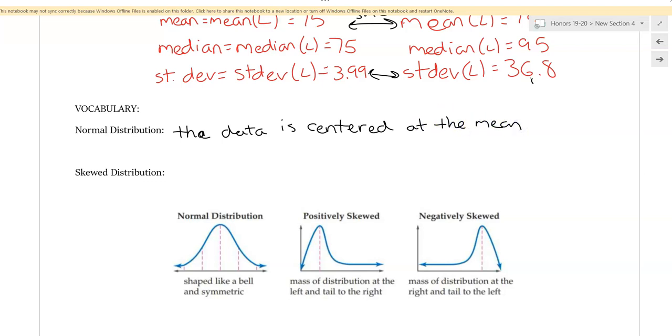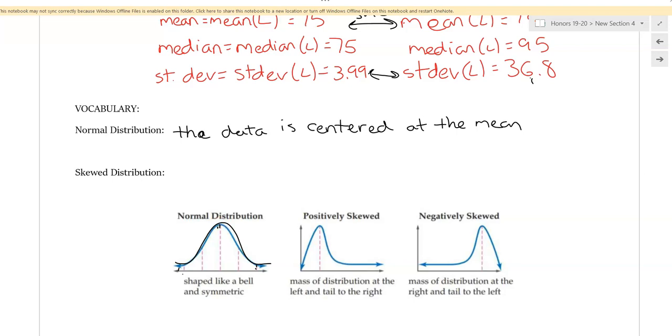We say it has a bell shape, because it looks like a bell. Most of your values are in the middle, and as you go out towards the sides, you get less. So for our test situation, most people should get a 75 on the test if it's normally distributed. As you go out, a few people get 100 maybe, and a few people get 50. For the most part, the majority of people are in the middle.